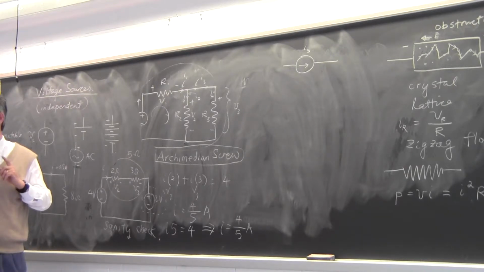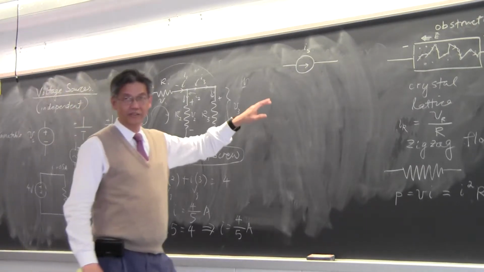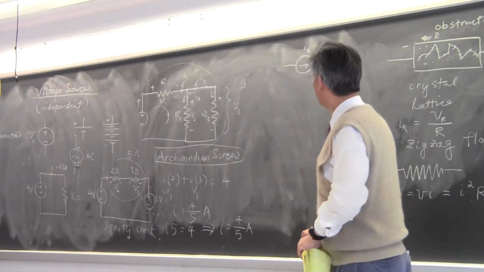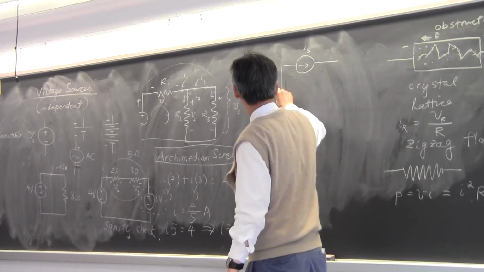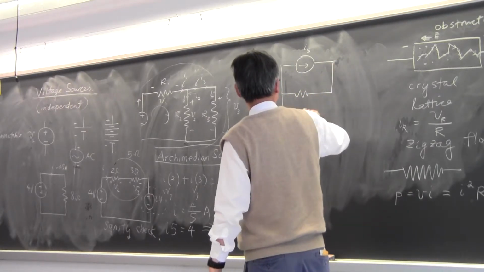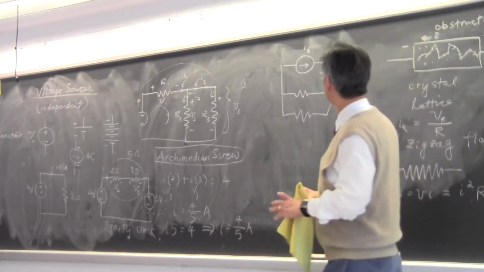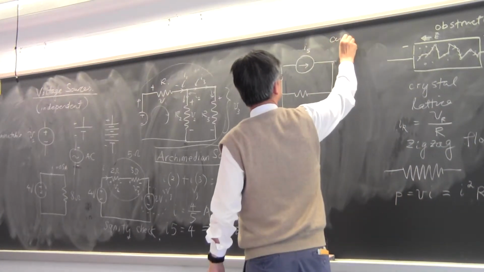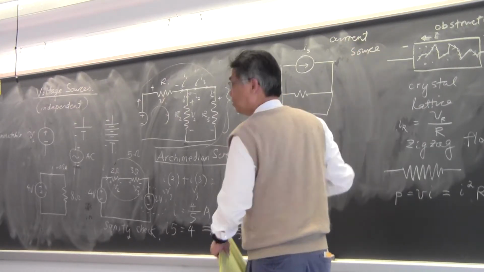This is idealization. Okay? Similarly, a current source has the property that irrespective of what you add outside, a resistor, maybe another resistor outside, this current flow is going to be kept constant. This is the property of an ideal current source. Okay, there's no such thing in real life.